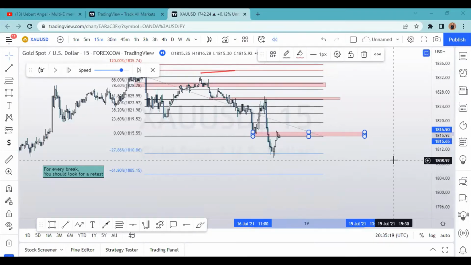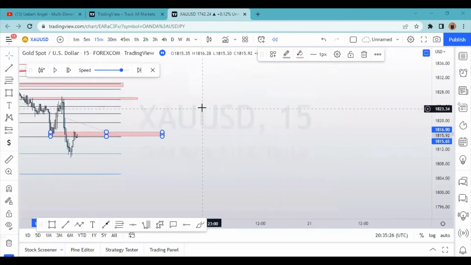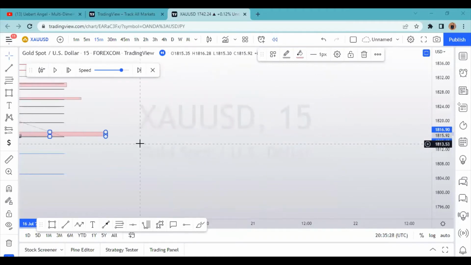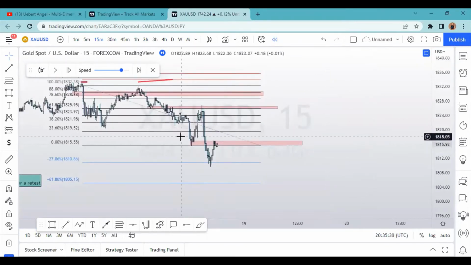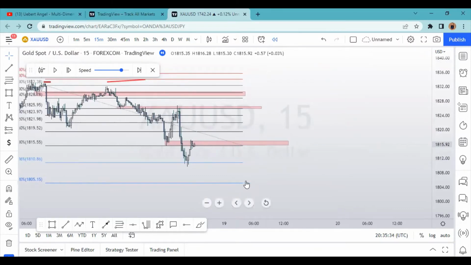All right, so at this point, if you missed this entry, you can rejoin around here and put your stop loss above. When you are putting your stop loss, you want to put it above the last high.